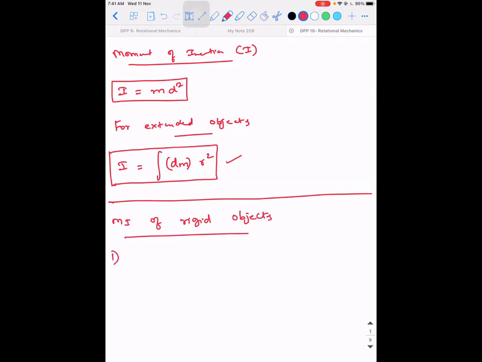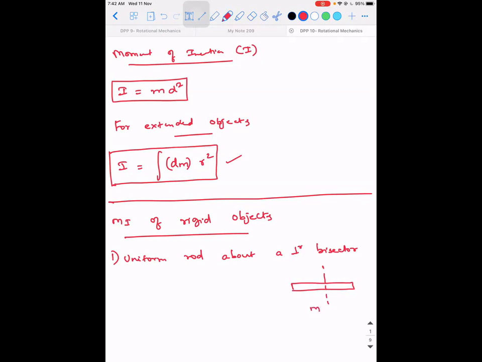So first, when you talk about a uniform rod about a perpendicular bisector, that is, you have a rod which is revolving about its center and perpendicular to the length. What is the moment of inertia of it?